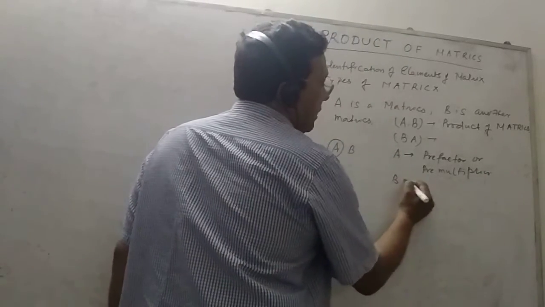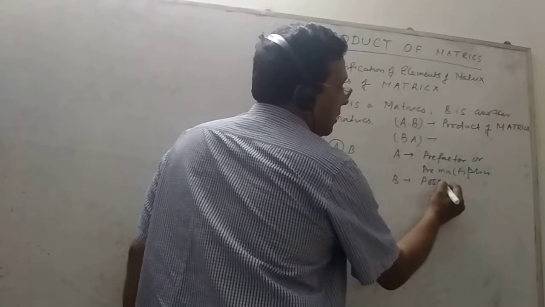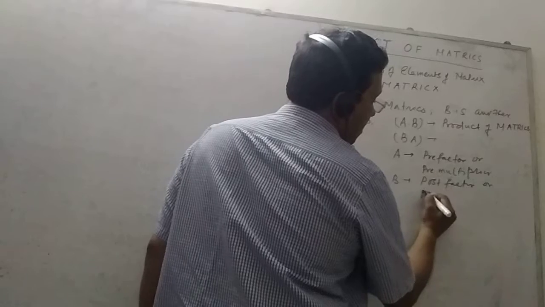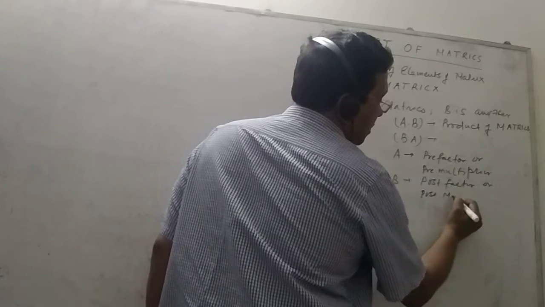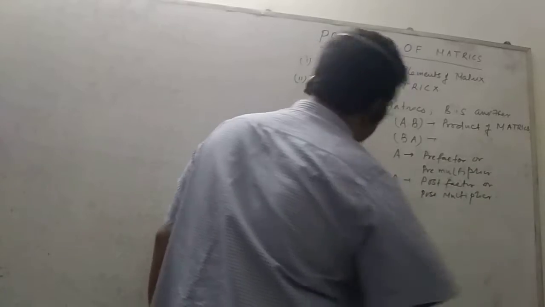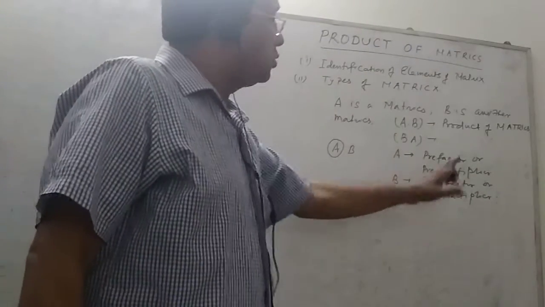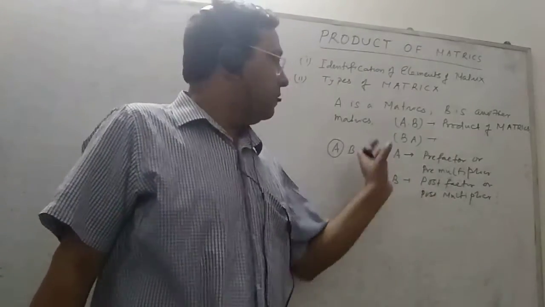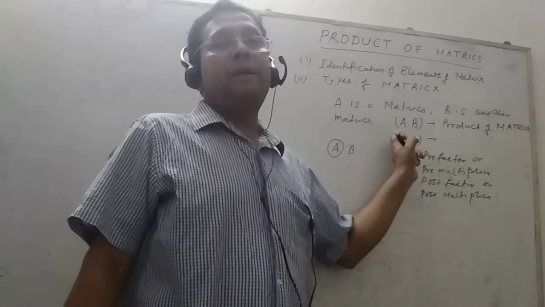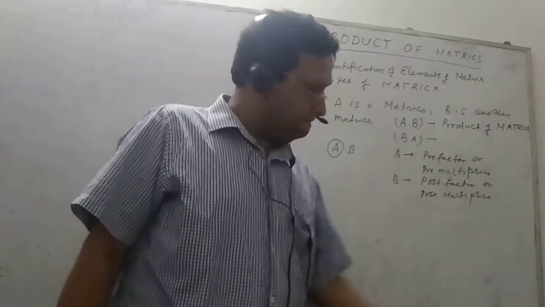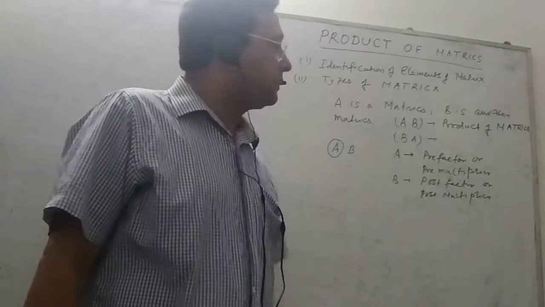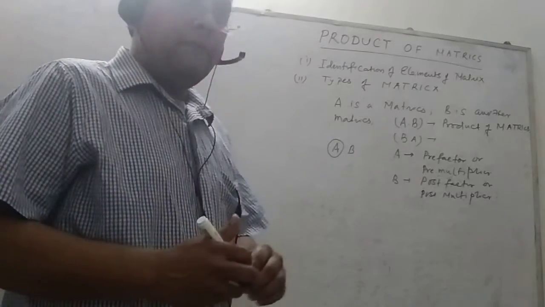And B is known as the post factor or post multiplier matrix. Prefactor and post factor. In this way, these two matrices are being multiplied.